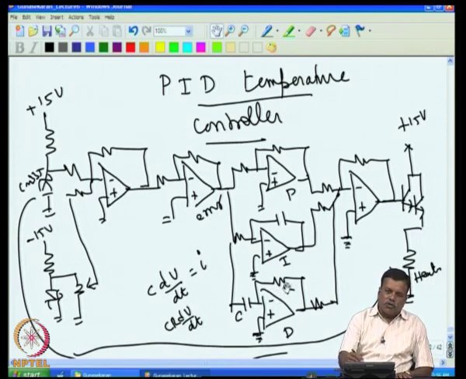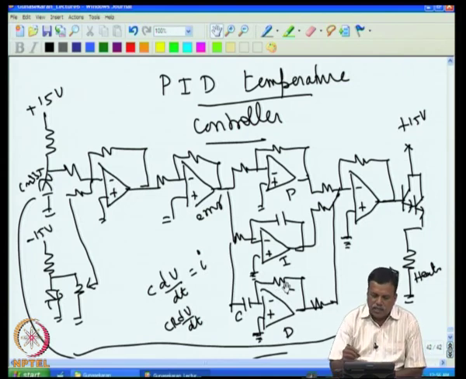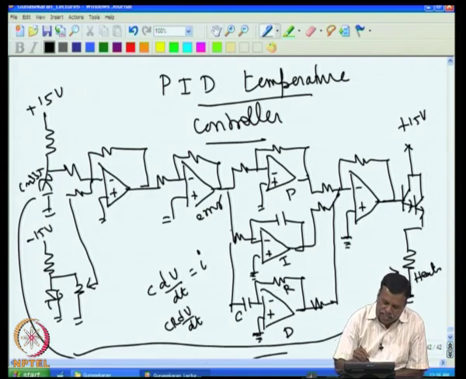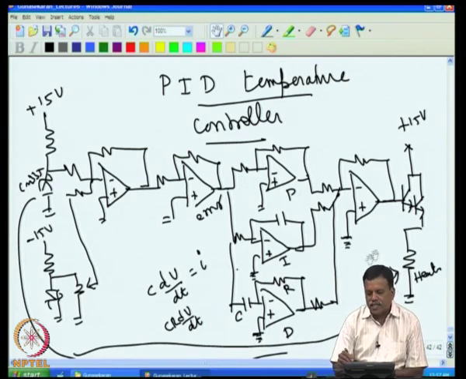This is mainly done to avoid noise pickup, because as I said, if a voltage change occurs at this point, the changing voltage produces a changing voltage here. If here we are using a capacitor, and if I have to have a large differentiator, then I have to use a large C here. If a large C is used, then C R into dV by dt is the output voltage here, and even a small change will produce a large change in voltage, and that can saturate.